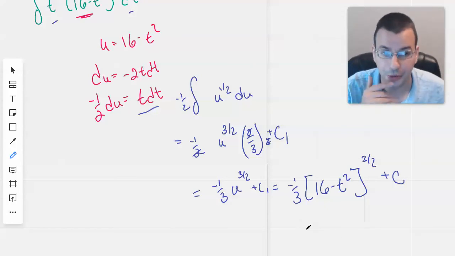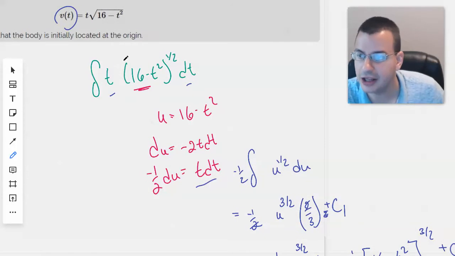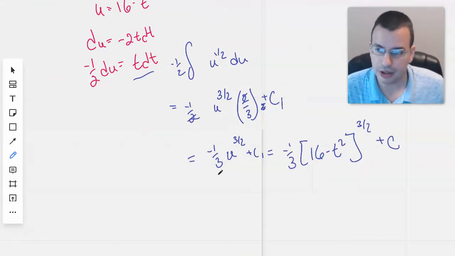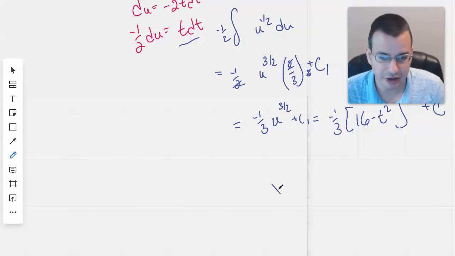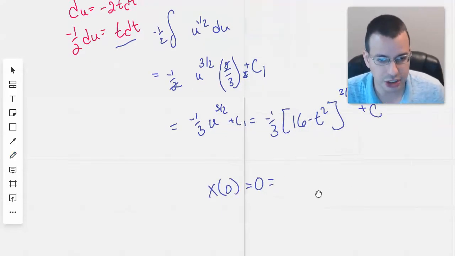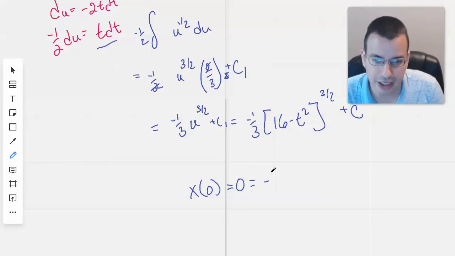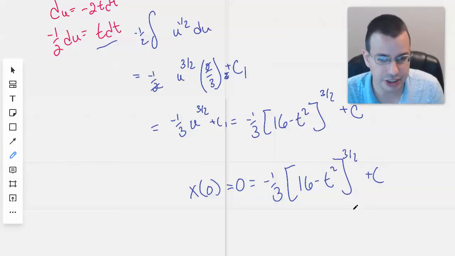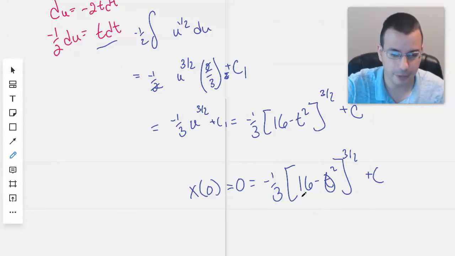Okay, so now we're also told that it was initially at the origin. So I'm going to assume that means x of 0 equals 0, which will equal negative 1/3 times (16 minus t squared) to the 3/2 plus c. This t here is actually 0 because we started at t equals 0.